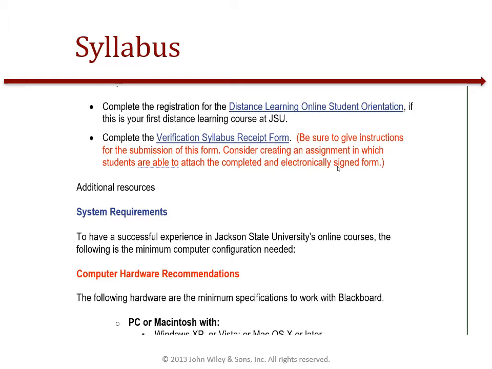Now, the way you can do that is, if you have a PC, I recommend you download the Adobe Acrobat software, where it allows you to actually do a sign in for that. It'll fill in the spaces for you so that you could just type your name.